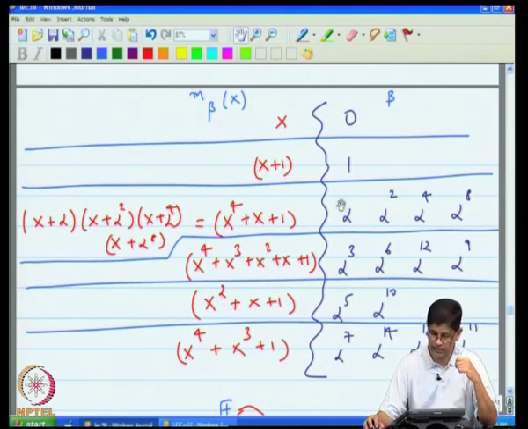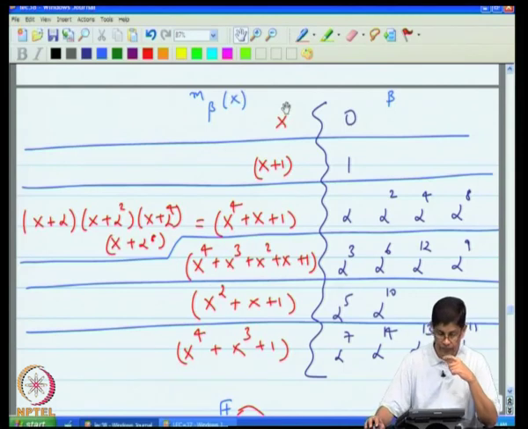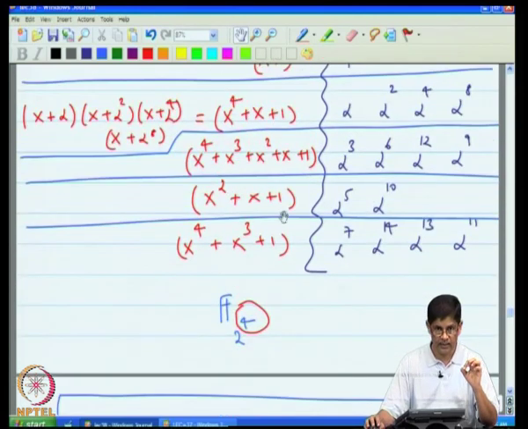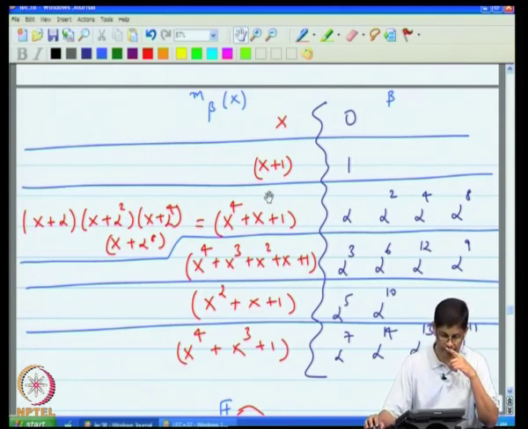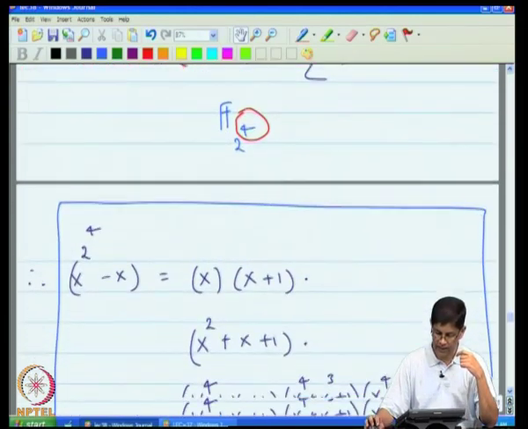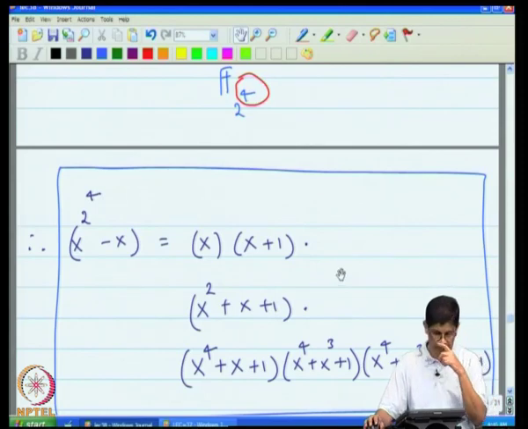So, here are the 16 elements in the finite field of size 16, here are their associated minimal polynomials. Now, we have shown that each of these is necessarily irreducible, that each of these necessarily divides x to the 16 minus x, in general x to the q minus x. Okay, so we have shown that, and that is about where we are.